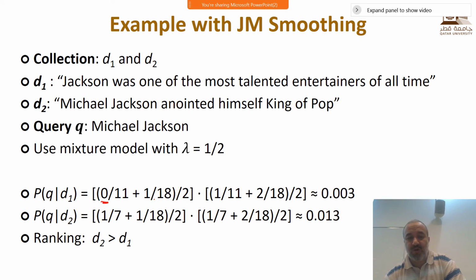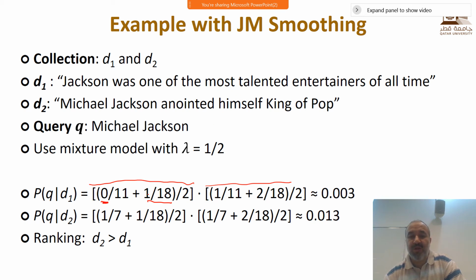Okay, why is it 1 over 18? So this part is for Michael, this part for Jackson. Yeah, so that's the background probability. Why is it 1 over 18? Yes, so the number of terms in the entire collection is 18.